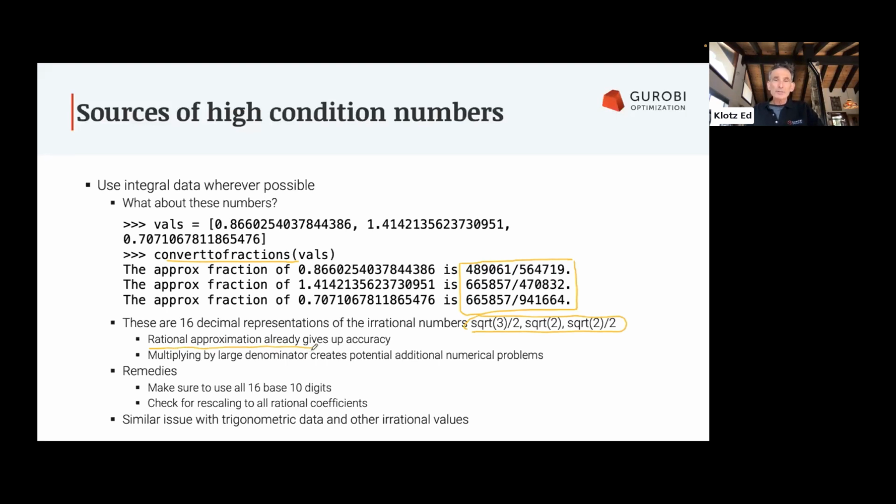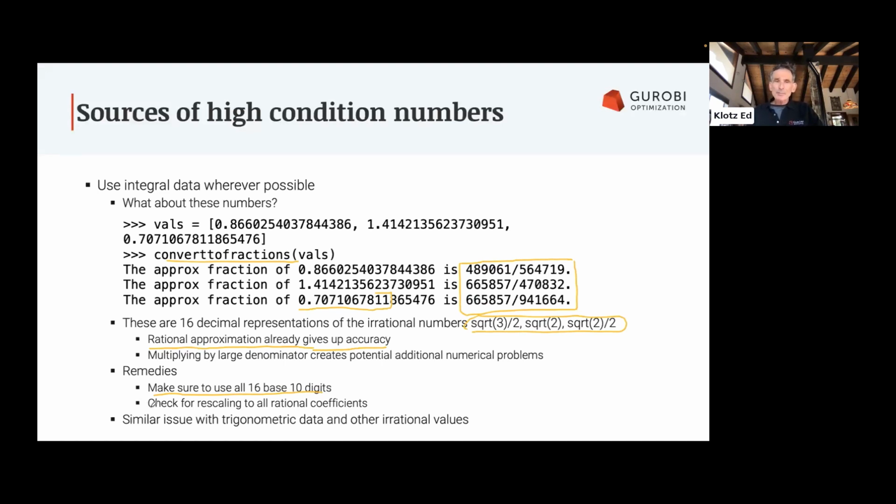So we are going to give up some accuracy, but again, we do want to go with 16 decimal places, so make sure to use all 16 base digits. I can't tell you how many models I have seen that have this number here, this 0.707, and they stop, say, around here, and they're leaving money on the table in terms of their precision.